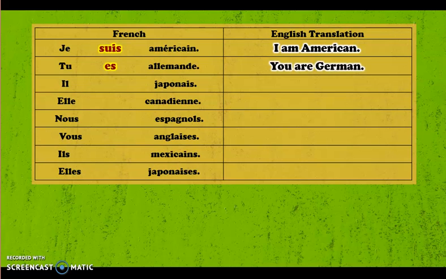So sometimes here I use masculine adjectives or feminine adjectives just to mix it up. All right. Il est. Right. E-S-T. Il est japonais, which means he is Japanese. Now I do want you to notice here that, remember, in French, the adjective has to match the gender of the subject pronoun.